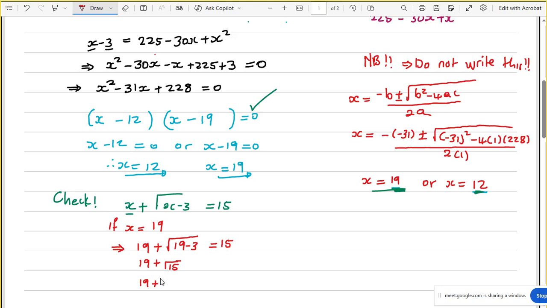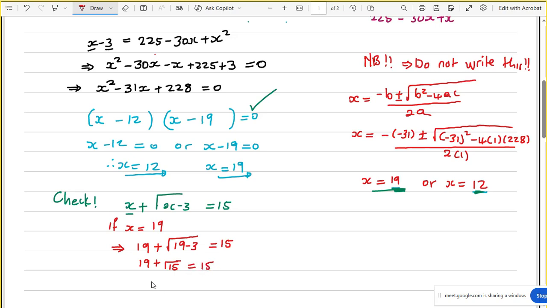Guys, what is the root 15? Is root 15 a perfect square? It's not a perfect square. So what is 19 plus root 15? What do you get? 23. You get 23.